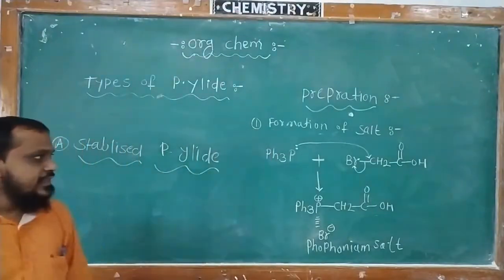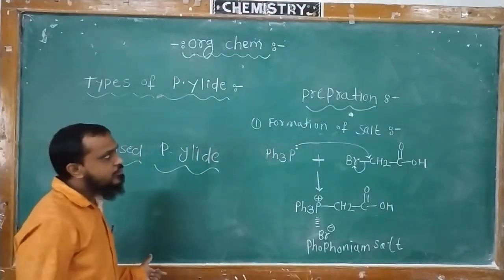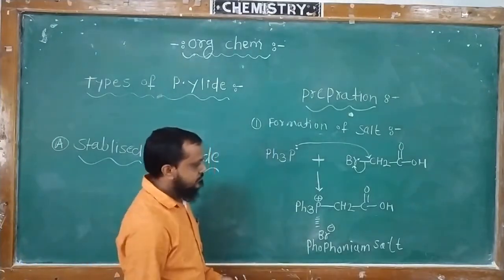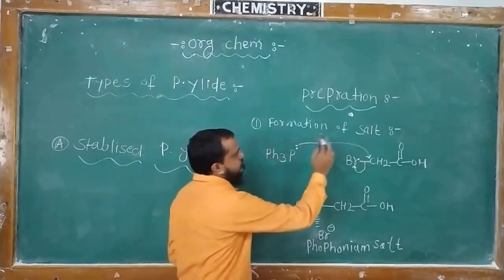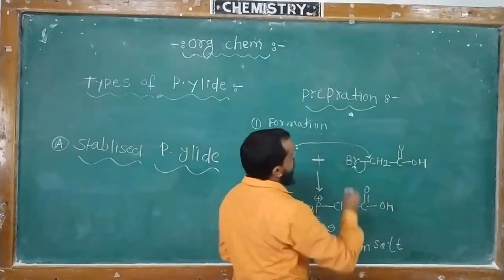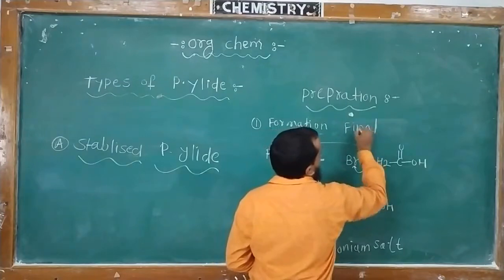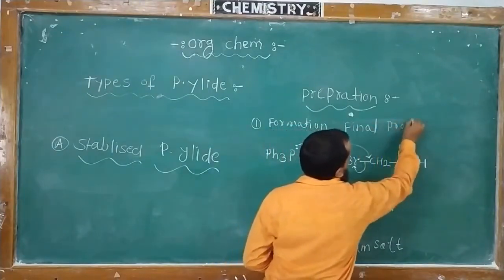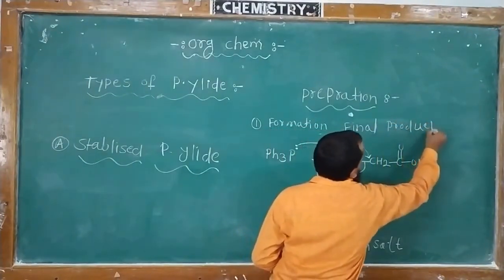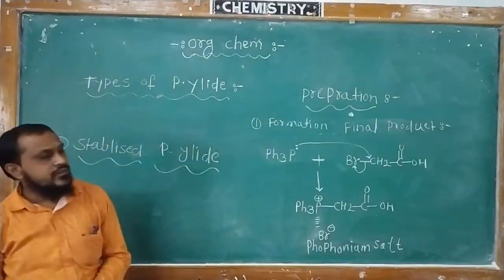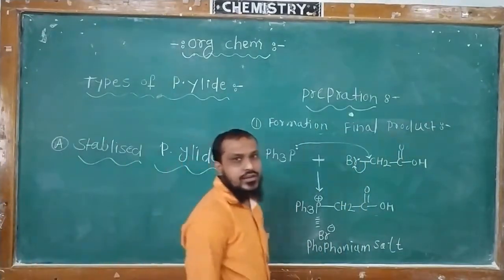So in the second step of preparation of stabilized phosphorus ylide, the second step is formation of the final product.